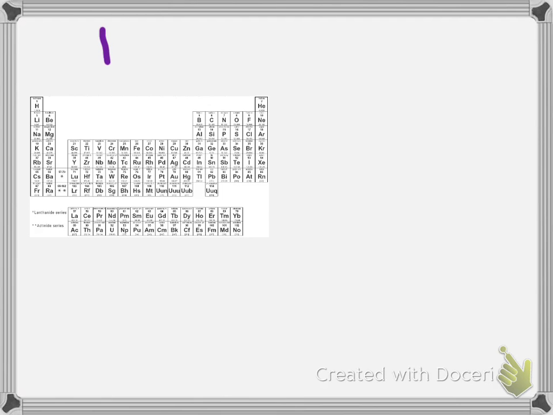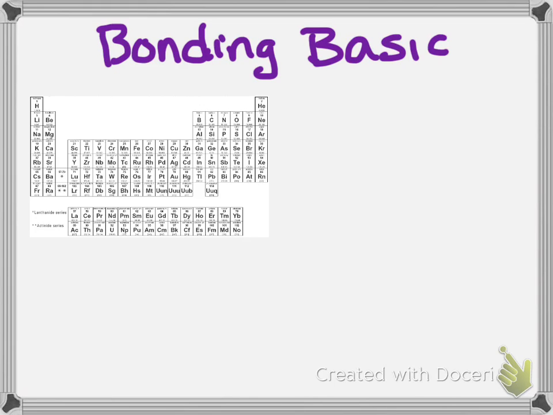So the first thing, this is called just some bonding basics. The first thing that I'm going to do here, you can see, is put a periodic table. And if we number those numbers right there, now if you remember, take a second and answer this question. Those red numbers represent what?